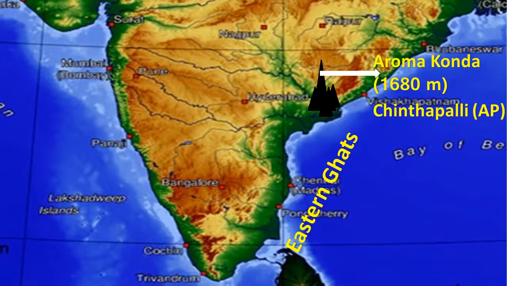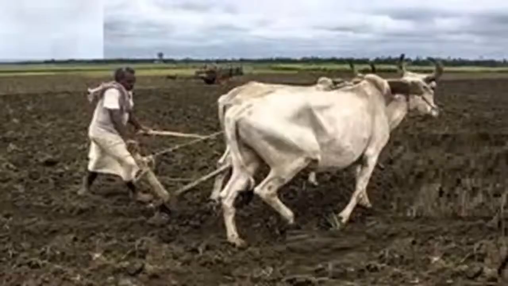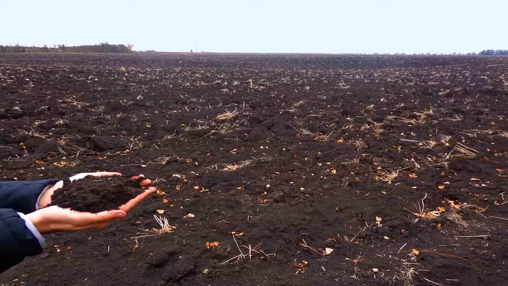The average height of this peak is 1680 meters. Nallamalas, Velikondas, Palakondas and Seshachala are some of the hilly tracts of the Eastern Ghats. One of the remarkable features of the peninsular plateau is black soils formed due to volcanic activity.